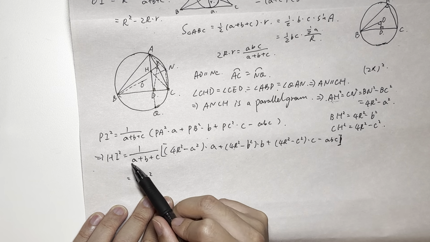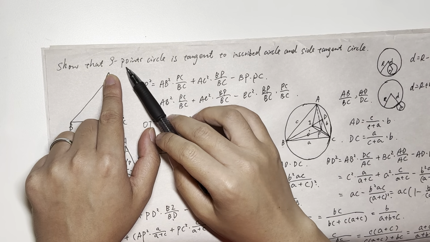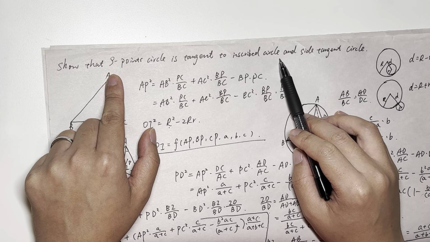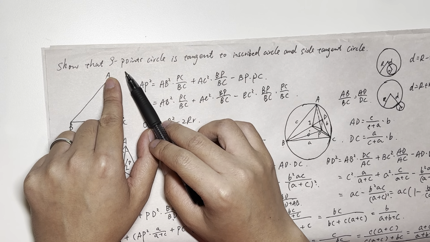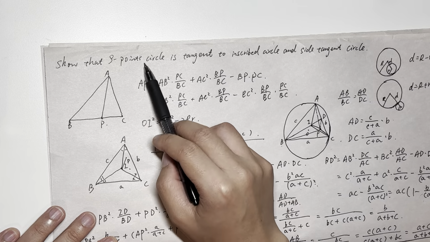Okay, what's the point of calculating this, you may ask. We're looking for that the 9-point circle is tangent to the inscribed circle. So we want to find the distance from the center of the 9-point circle to the center of the inscribed circle, which is I here, right? We usually represent the center of the 9-point circle as V, right?